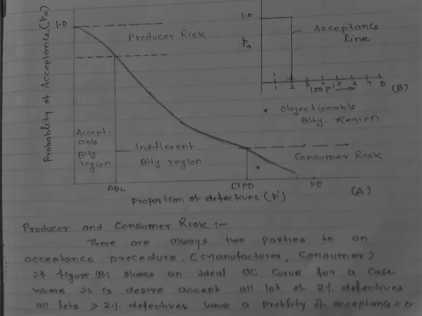So it is the probability of rejecting a good lot which otherwise would have been accepted. So the producer should be protected against the rejection of relatively better product.